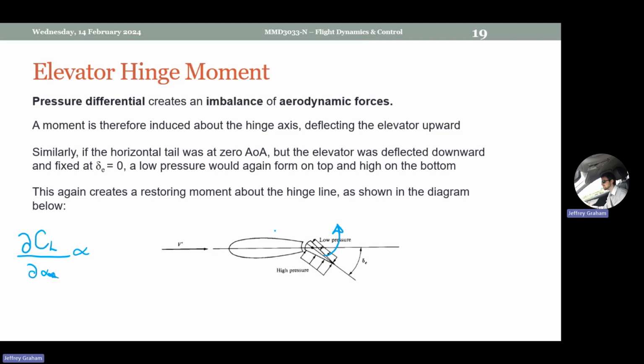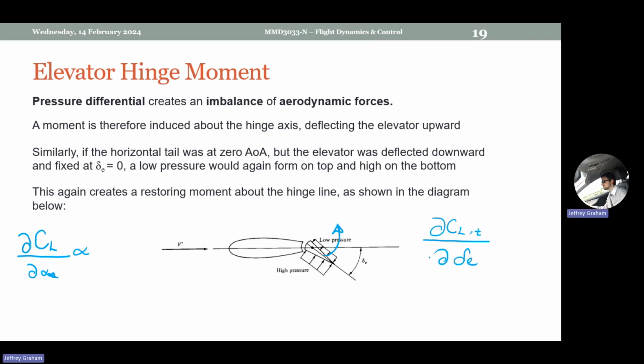In this particular scenario that we've got here, where the elevator had to move, but we've got a fixed angle of attack, this time the change in the lift, so the change in the hinge moment, we want to look at it for the tail section, is allowed only the elevator to move.